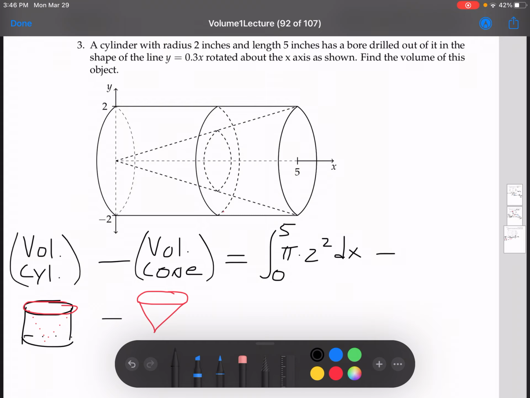And now the volume of the cone, integral from 0 to 5 pi times 0.3 x squared dx.